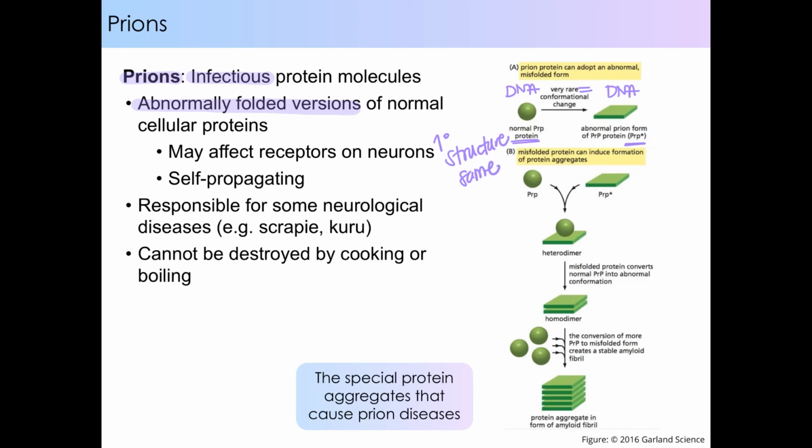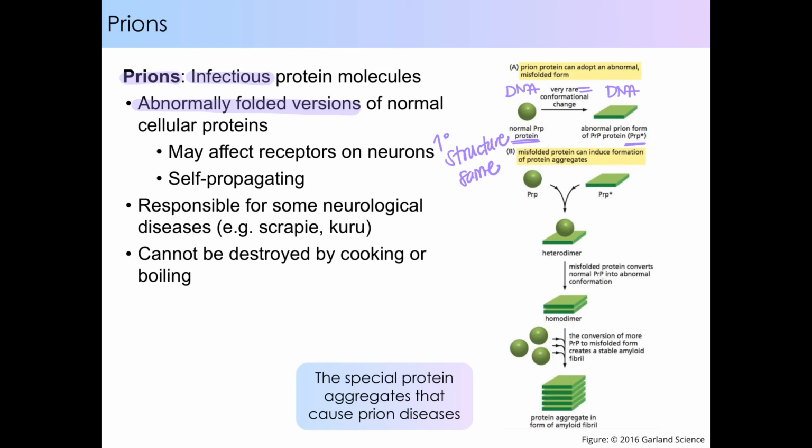Now, prions also have another very special characteristic, and that is, as I mentioned, that they're infectious. They're self-propagating. So in other words, they can cause the normally folded protein to become misfolded. So they catalyze the conversion from the normal protein tertiary structure to the abnormal tertiary structure.